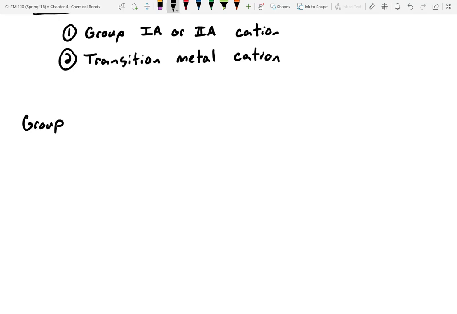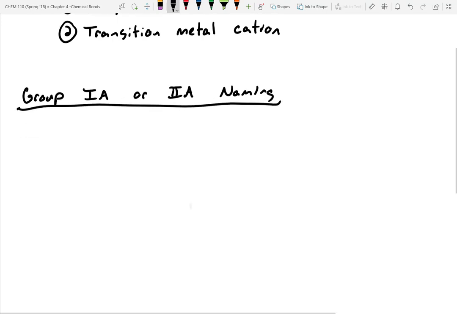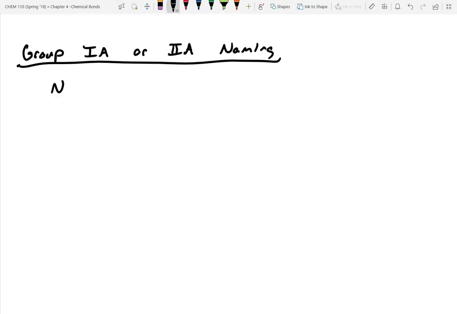And this one's easier. All right, and with group 1A or 2A naming, there's a simple naming convention. And the naming convention goes like this. You first list your cation, just like we did. I think we did a few examples where I said try to have your cation first.